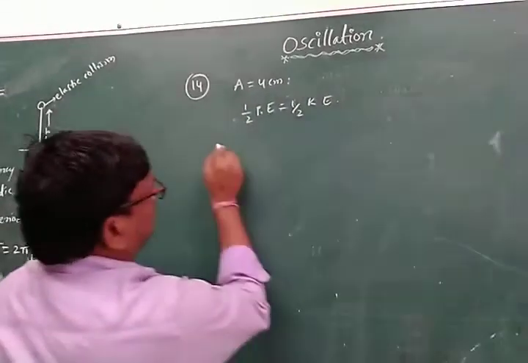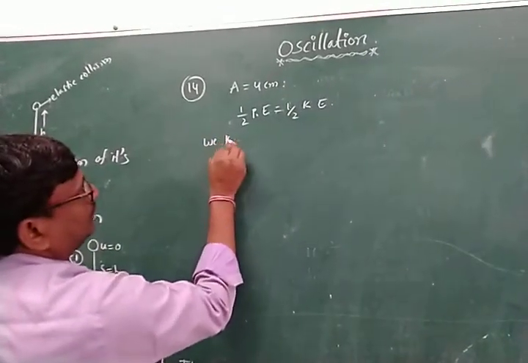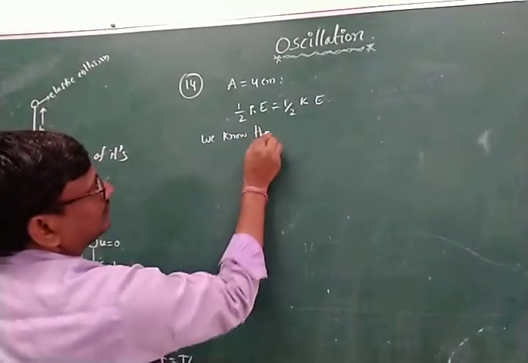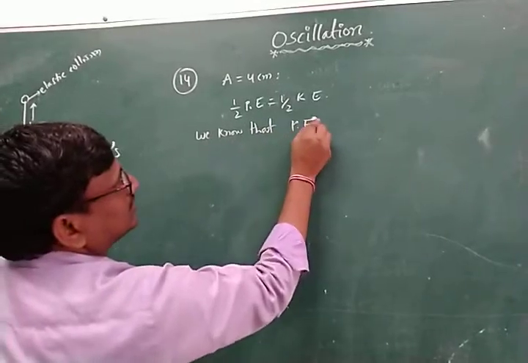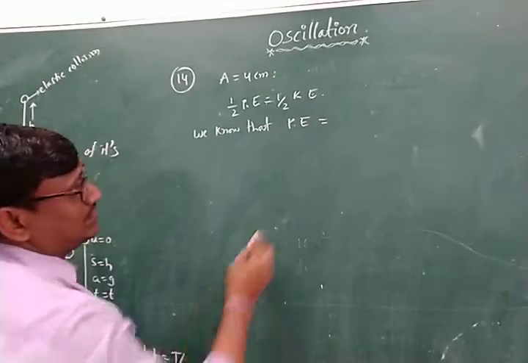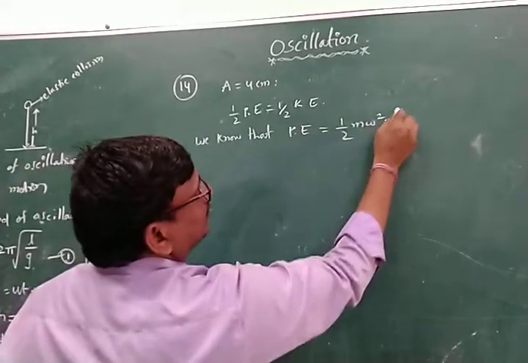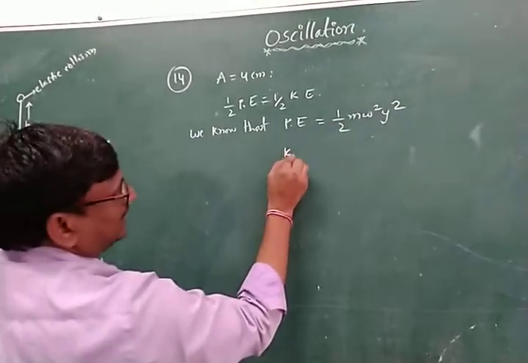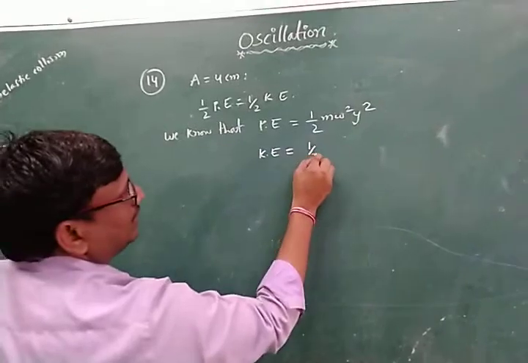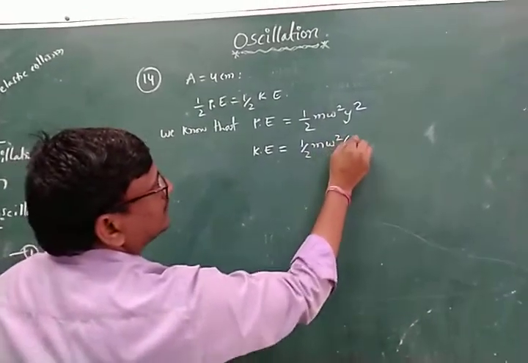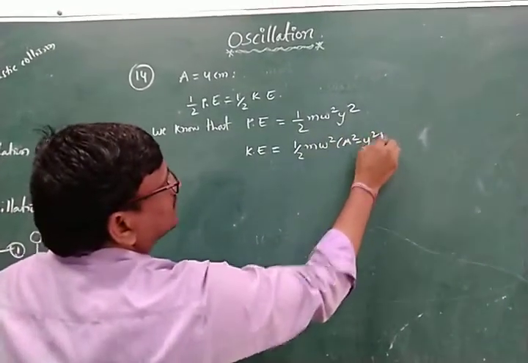We know the formula for the potential energy of oscillation is 1 by 2 m omega square y square. And the formula for the kinetic energy is 1 by 2 m omega square into a square minus y square.